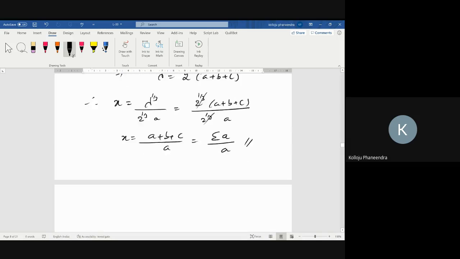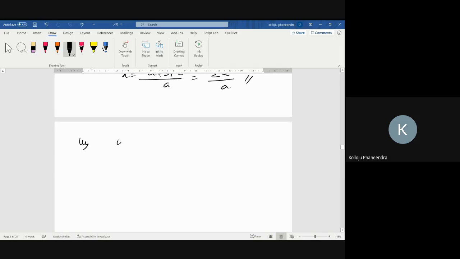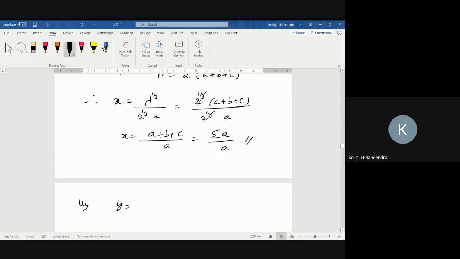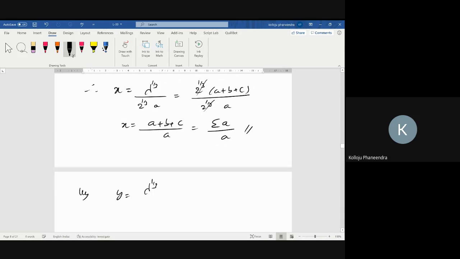Done? Similarly, what is the y value? Lambda power 1 by 3 by 2 power 1 by 3 b. If I substitute, I get a plus b plus c by b, that is sigma a by b. Similarly, what is z equal to?